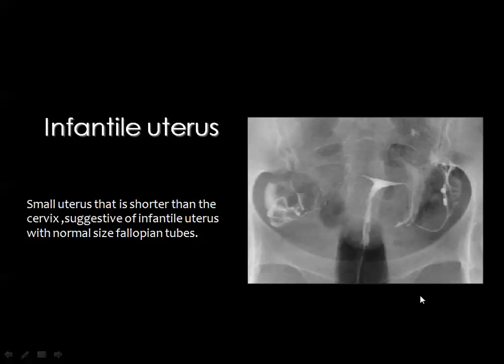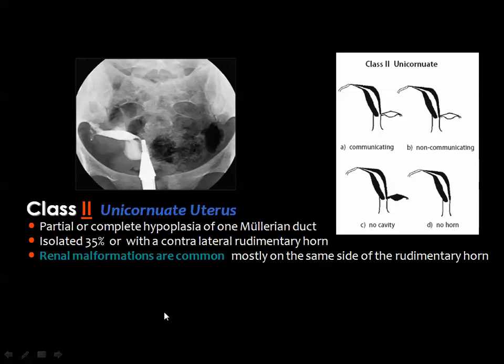And this is what we call infantile uterus, where you see the size of the uterus is very small, but the fallopian tubes are maintained, they are normally developed, and also they are patent, spilling the injected contrast material into the uterine cavity.